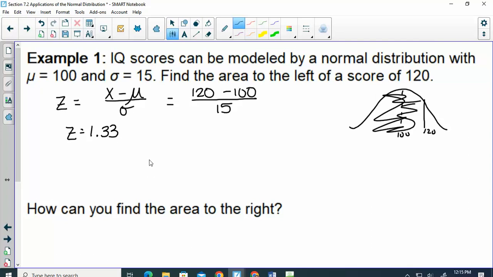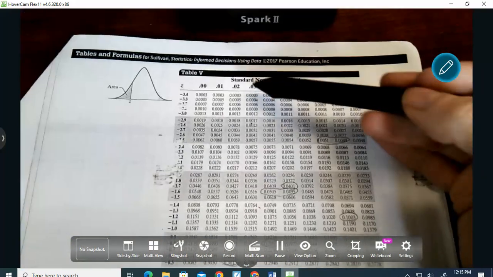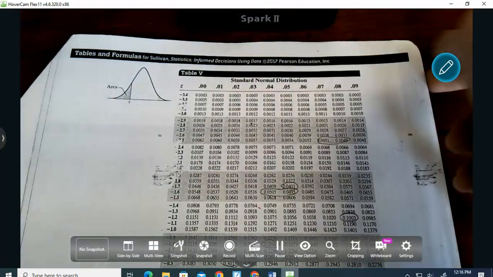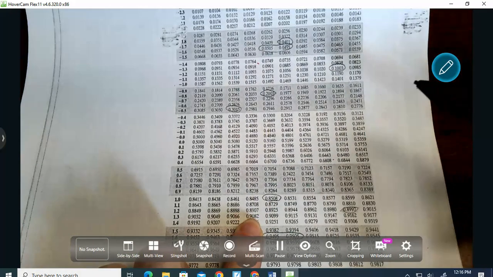All right, so now you go to your table. And sometimes people really have struggled with reading this table, so make sure you're with me here. So my 1.3, and then the columns give the second decimal place. So I want the 1.33, and we get 0.9082.